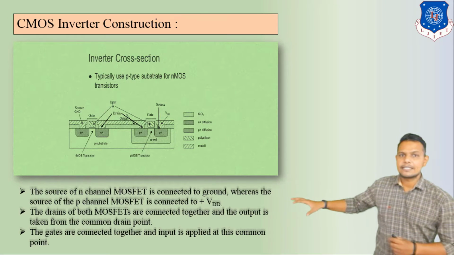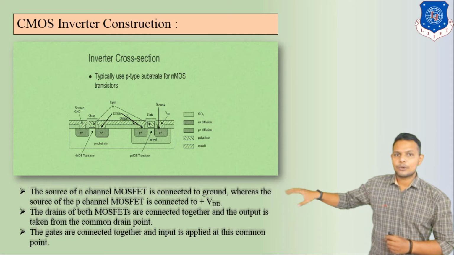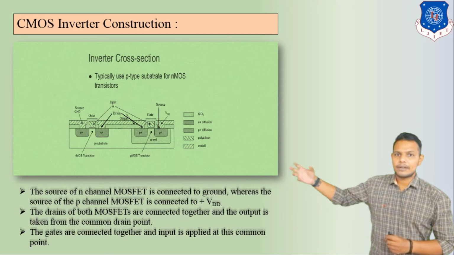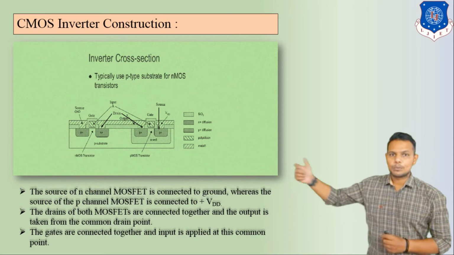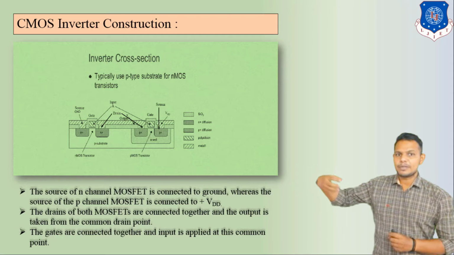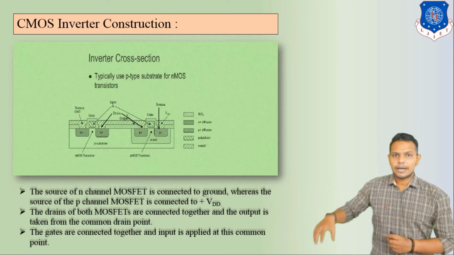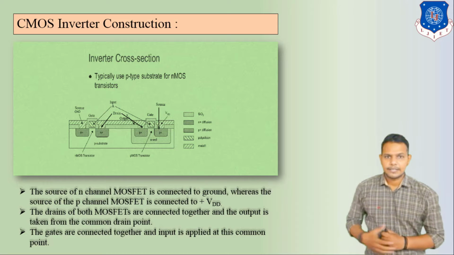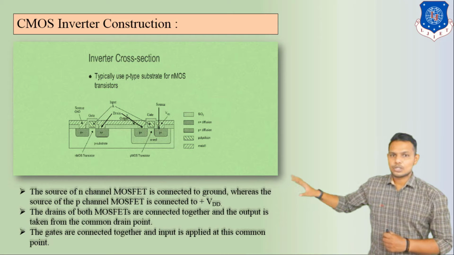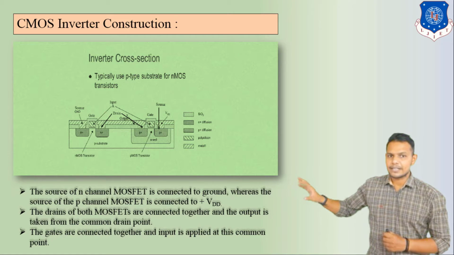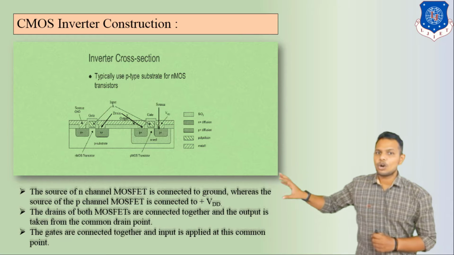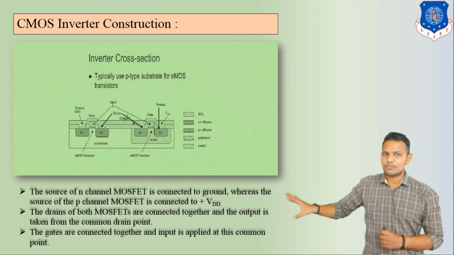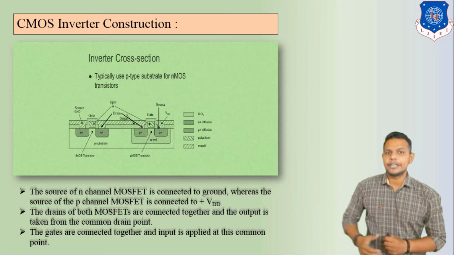Here we can see where we put the input terminal and where we connect the output terminal, and which terminal is grounded and common. The source of the N channel MOSFET is connected to ground, whereas the source of the P channel MOSFET is connected to plus VDD.